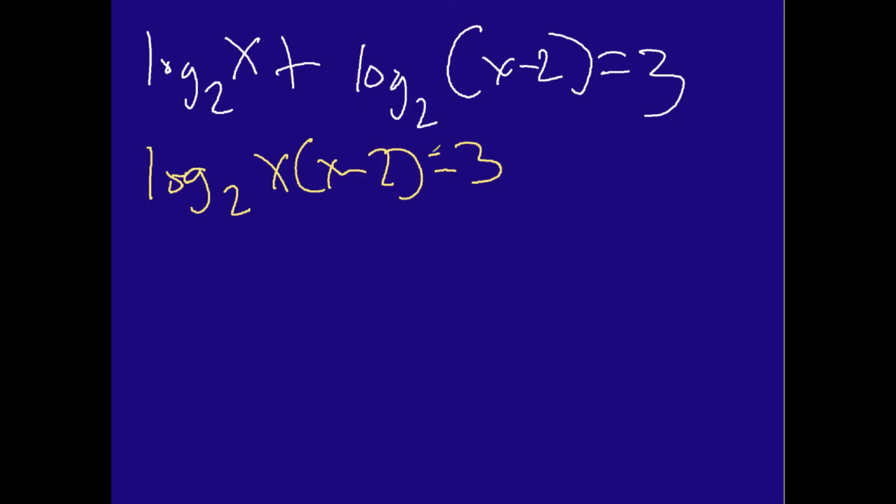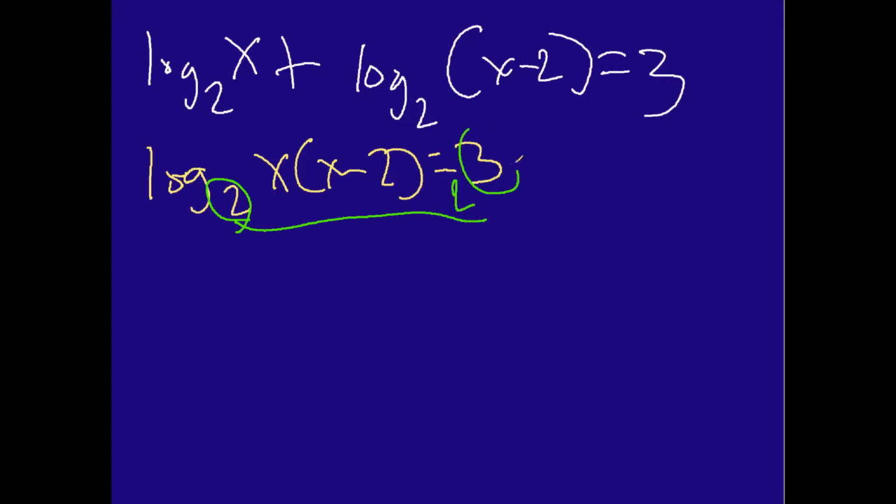Not that complicated. Now, what I can do next is write things in what we call exponential form. In other words, I'm going to remove the logarithm by writing it in exponential form. And again, this is something we've talked about in prior videos, so we won't review it again, but here's what it will look like. This 2 is going to go over here, and he's going to be the base.